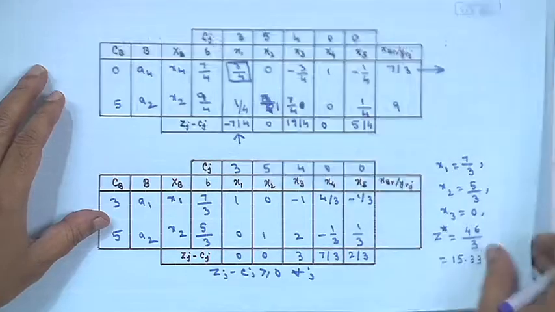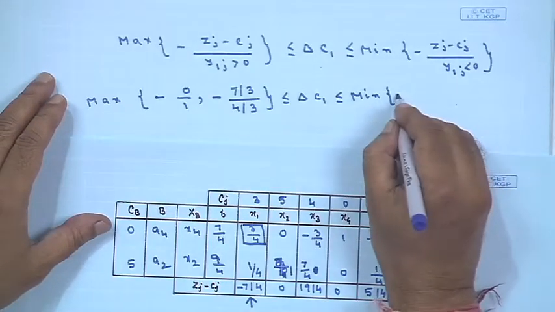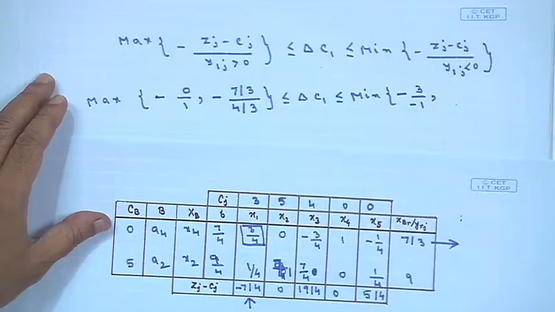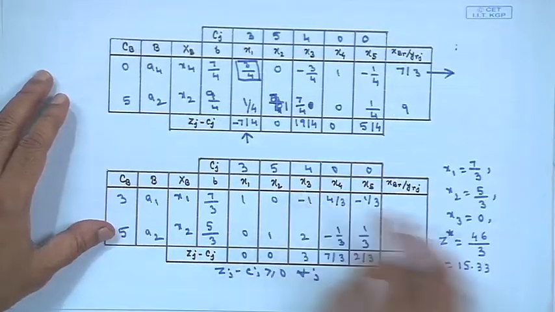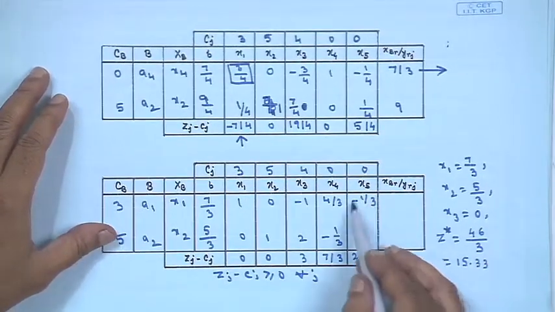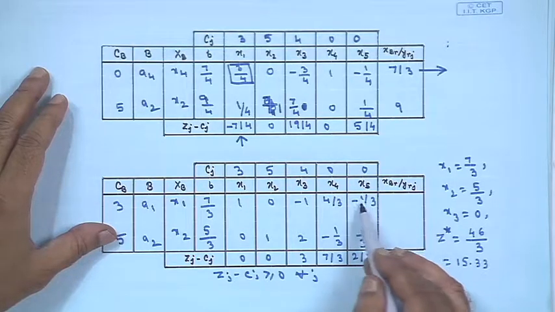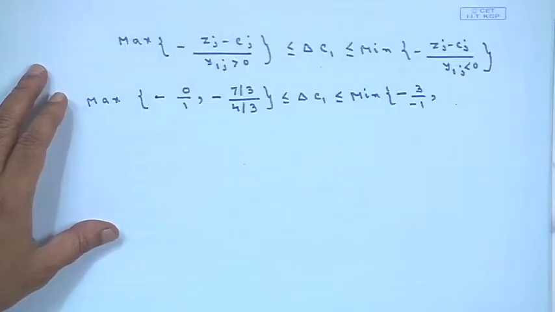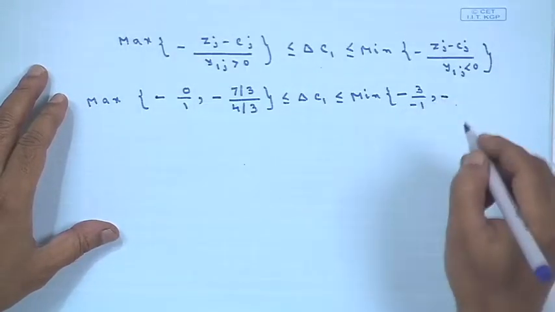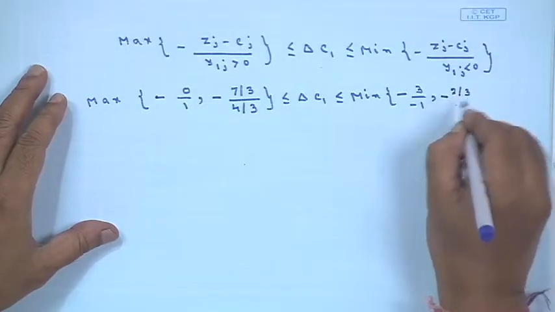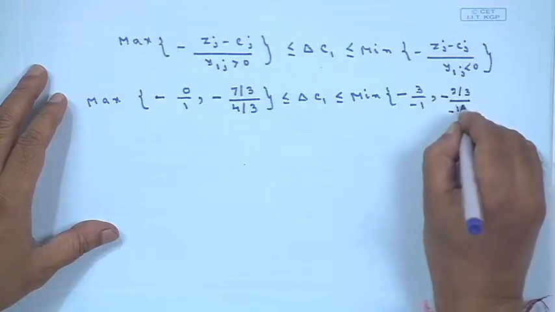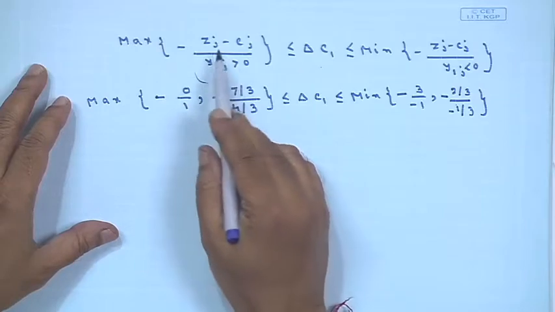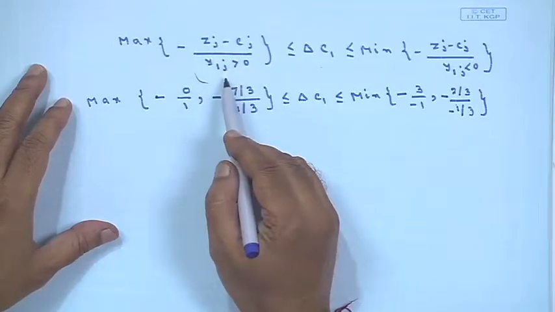So, this will be minus of 3 divided by minus 1, this is your 3 divided by minus 1, other one it is 0 on this. So, it will be minus of 2/3 by minus 1/3. So, this will be minus 2/3 by minus 1 by 3. So, like this way these values yij, zj minus cj values I have to prepare.